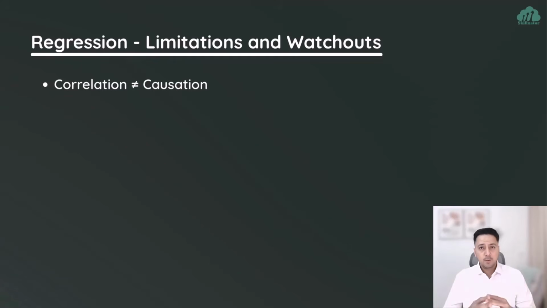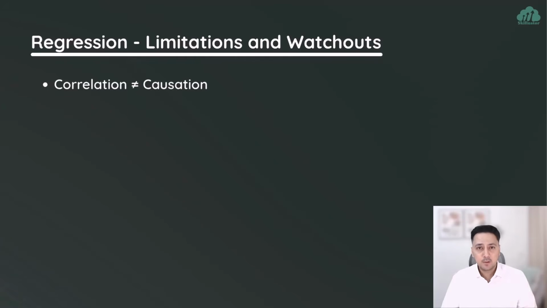For example, imagine you analyze last year's data and observe that the sales of your product increased during certain months. During those same months, the number of people hired by your organization also increased. If you run a regression between your product sales and employee headcount, you might see a surprisingly strong R-square, indicating a strong correlation. But that does not necessarily mean that higher headcount leads to higher sales.